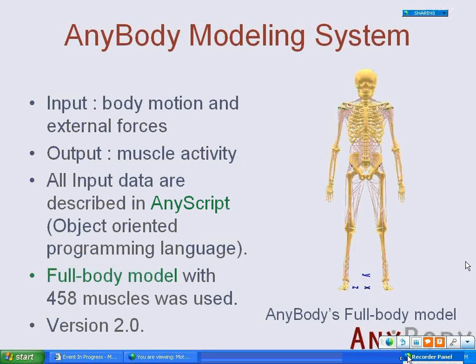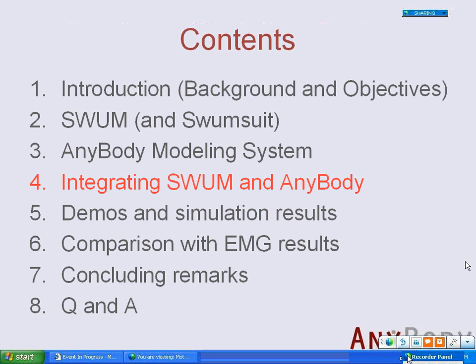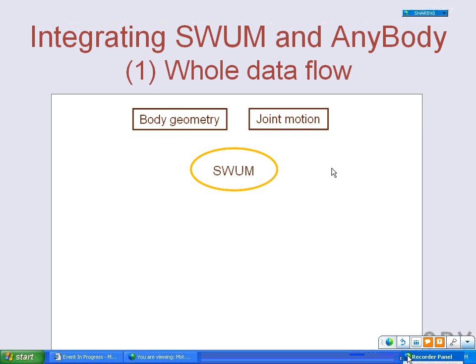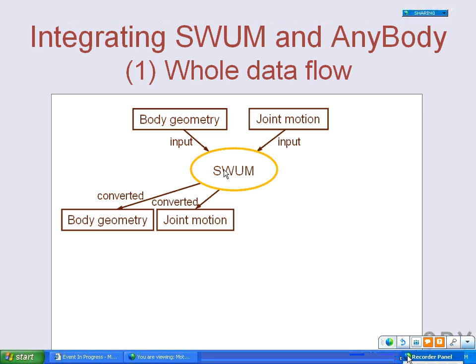So next, how to integrate this SWUM and AnyBody. This slide shows the whole data flow. For SWUM, body geometry and joint motions are inputs like this. And SWUM, actually the implemented software SWUM suite, converts body geometry and joint motions for AnyBody modeling system.